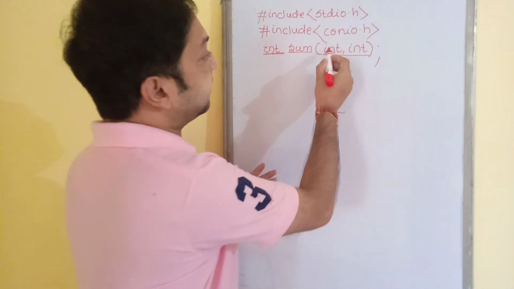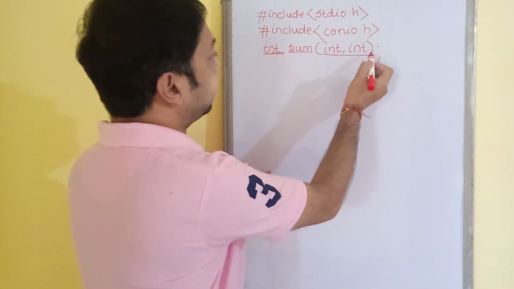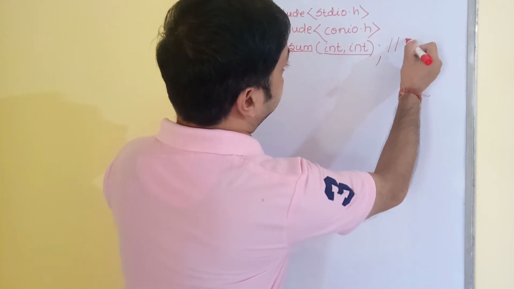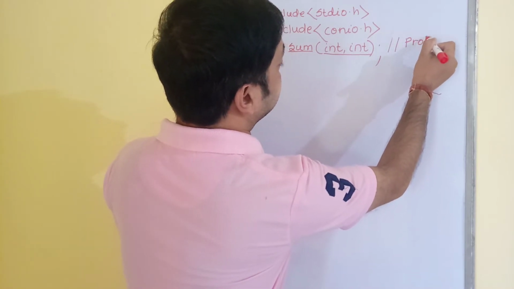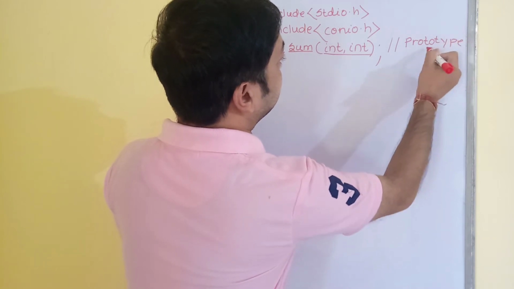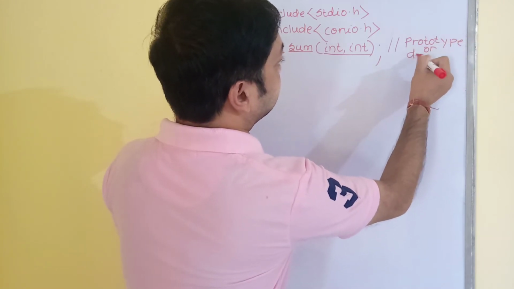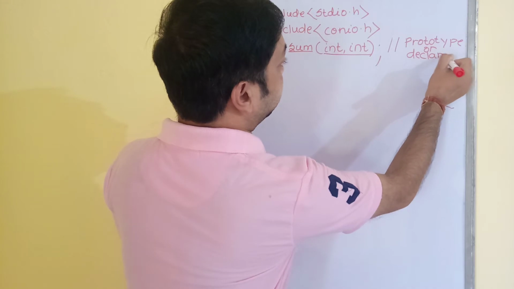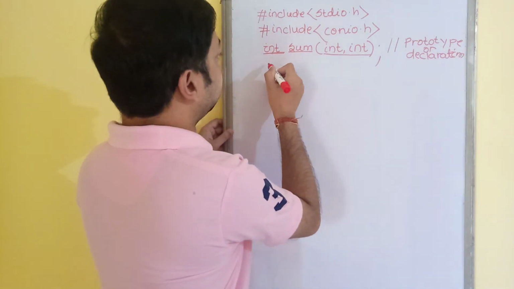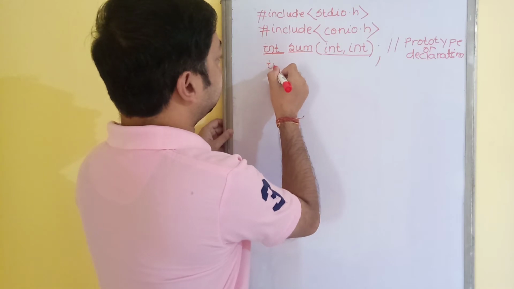That means two integer numbers are going to be added which return another integer. So this part is known as your prototype or declaration. Now come to the normal part, that is void main or int main.